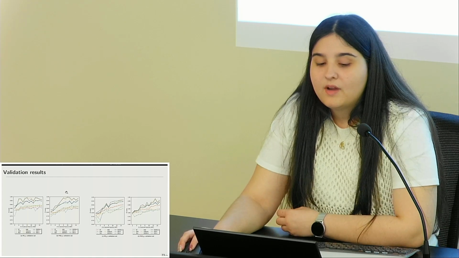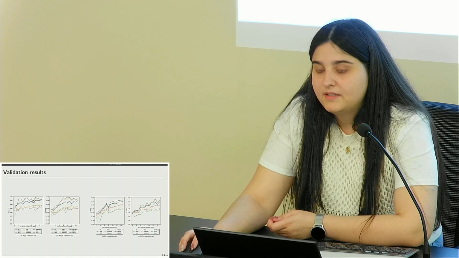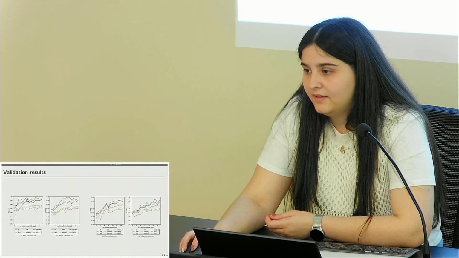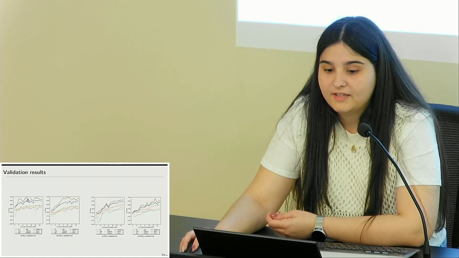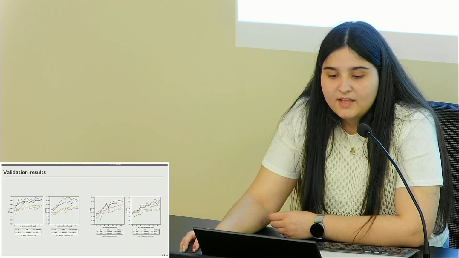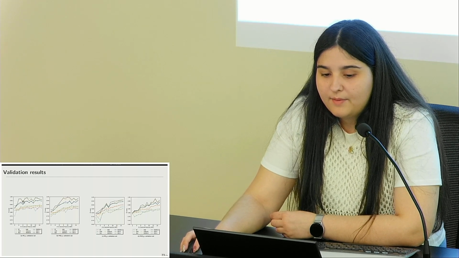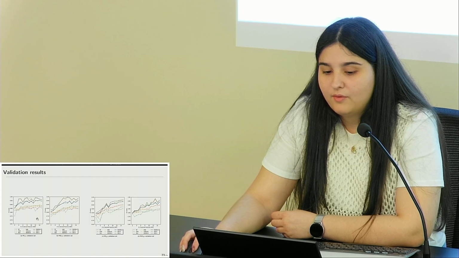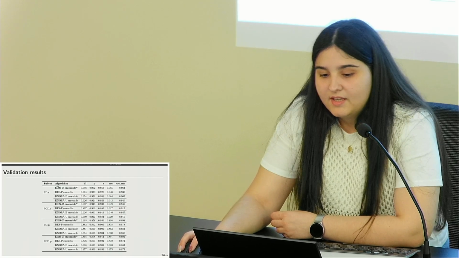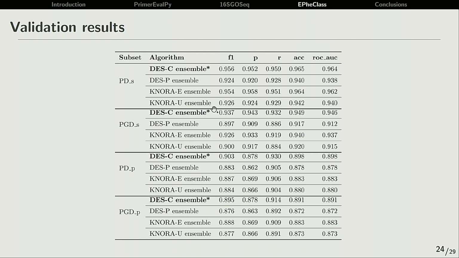So how can we decide which one is the best ensemble model for detecting periodontitis and gingivitis? We chose to average the F1 scores throughout all the features. Here we have the average scores for the ensembles.